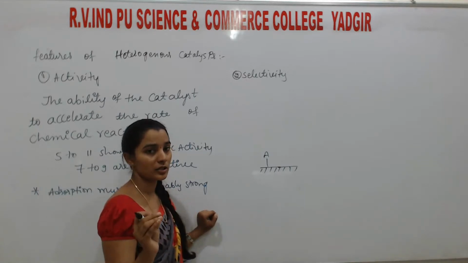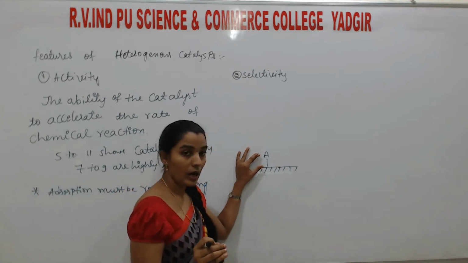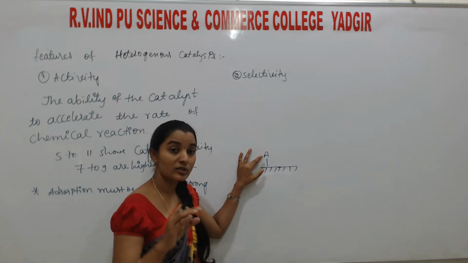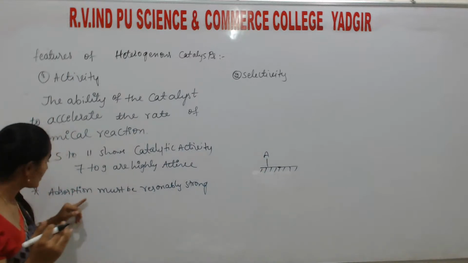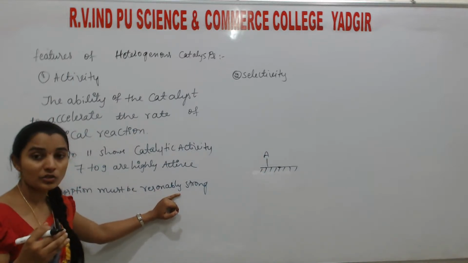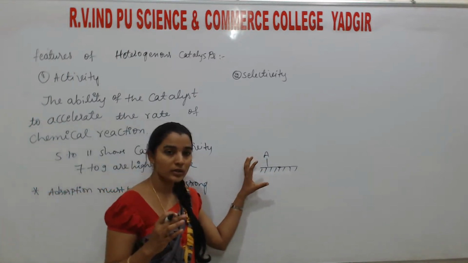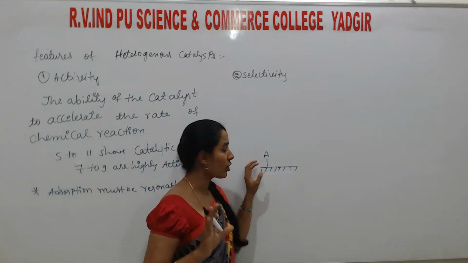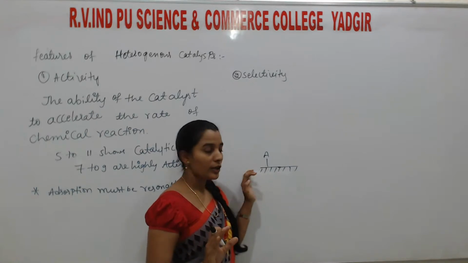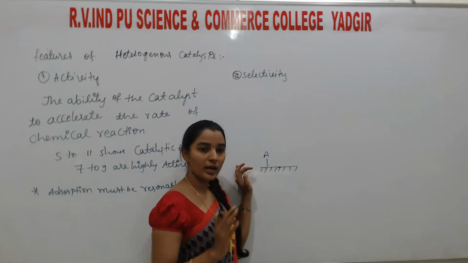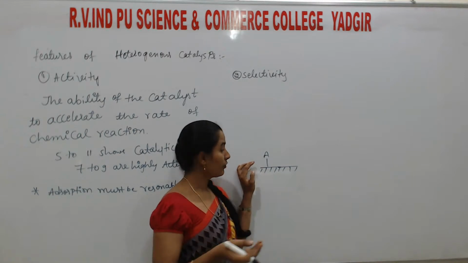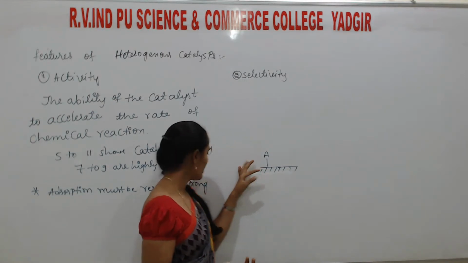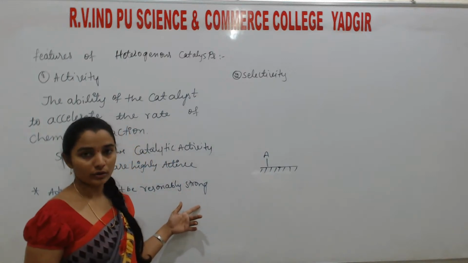So if the force between the catalyst and the reactant molecule is very high, that is why adsorption must be reasonably strong. Only that much strong adsorption should happen to conduct the reaction. If it is more than that, the reaction cannot happen. If it is less than that, then also the reaction cannot happen. So it is reasonably strong.